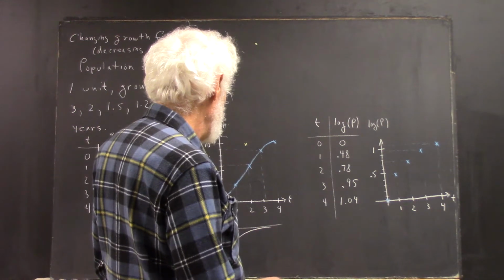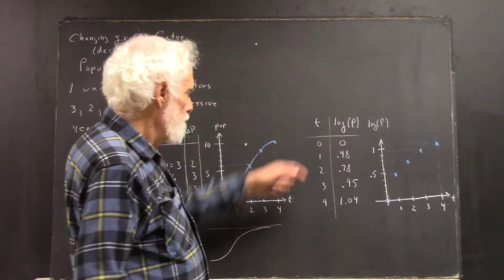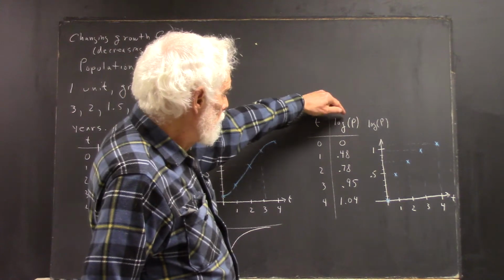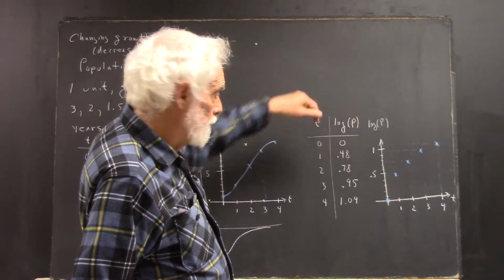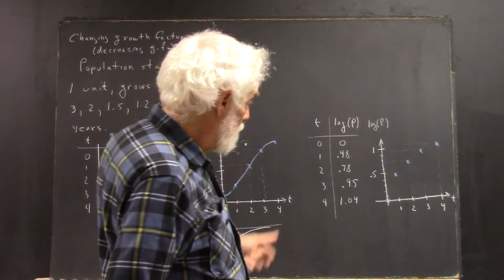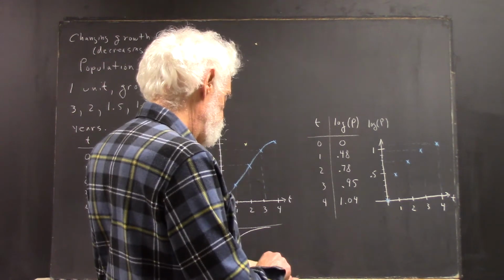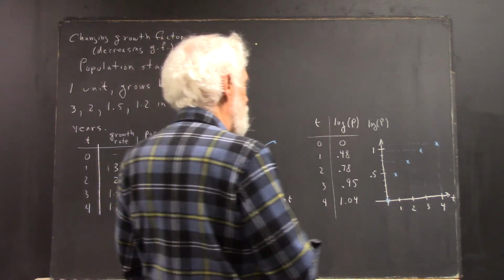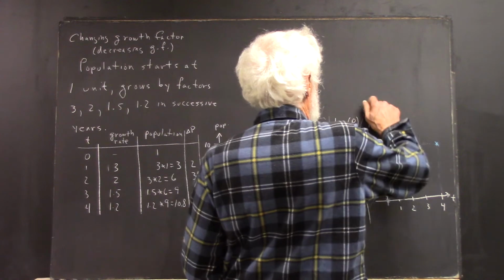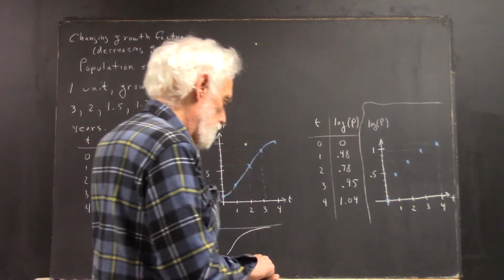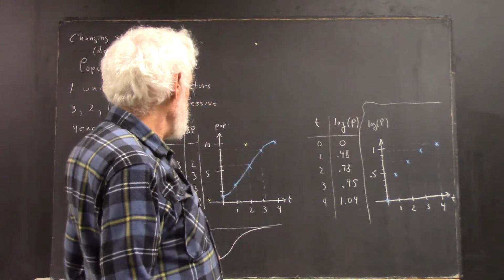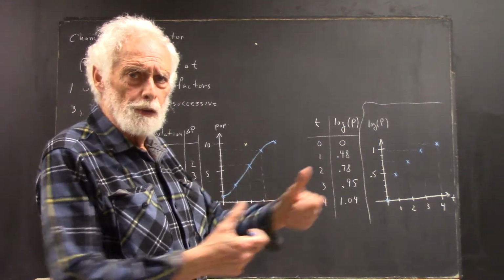Now over here, we've got a table of log of the population versus t, because the log graph is going to give you important information, especially when the populations change drastically.